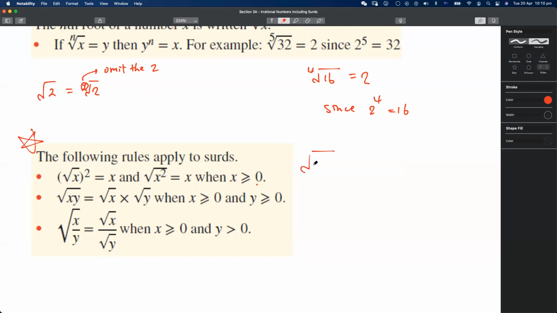If x is, let's say, negative 5, you have the square root of negative 5, which does not make sense to you.